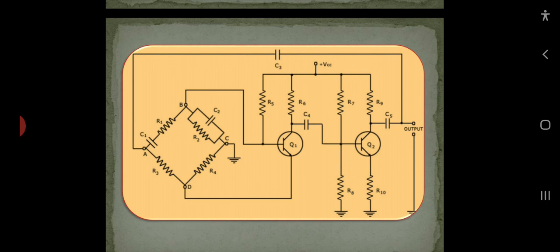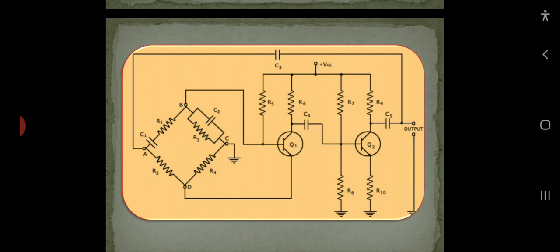And we know that if we connect two amplifier stages like this, the amplification will be the product of the outputs of these two stages. That is, if A1 be the gain of the Q1 stage and A2 be the gain of the second stage, the final amplified output will be A equals A1 dot A2. Therefore, we directly connect these two stages. This is also called direct coupling of amplifier stages.